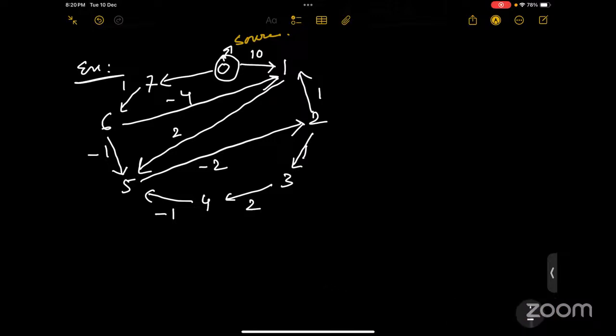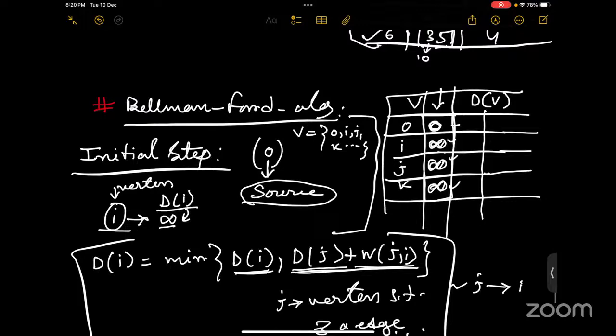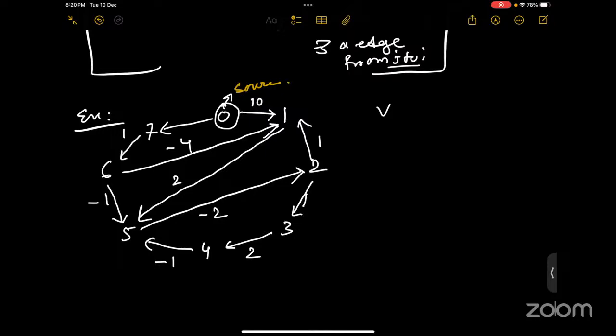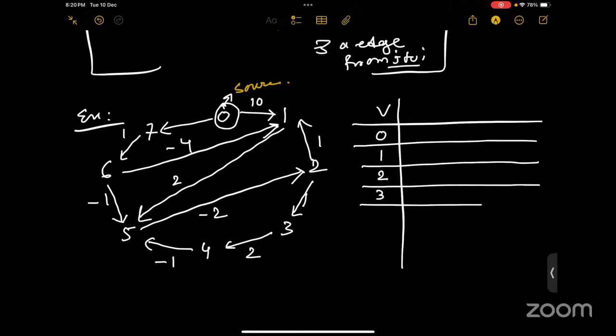As I said, we will initialize this as a list. We will first list all the vertices. So we have 0, 1, 2, 3.